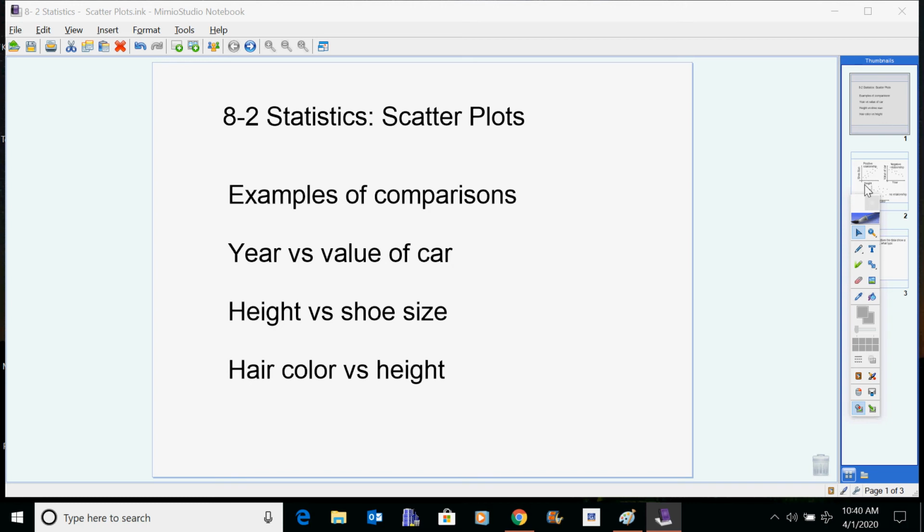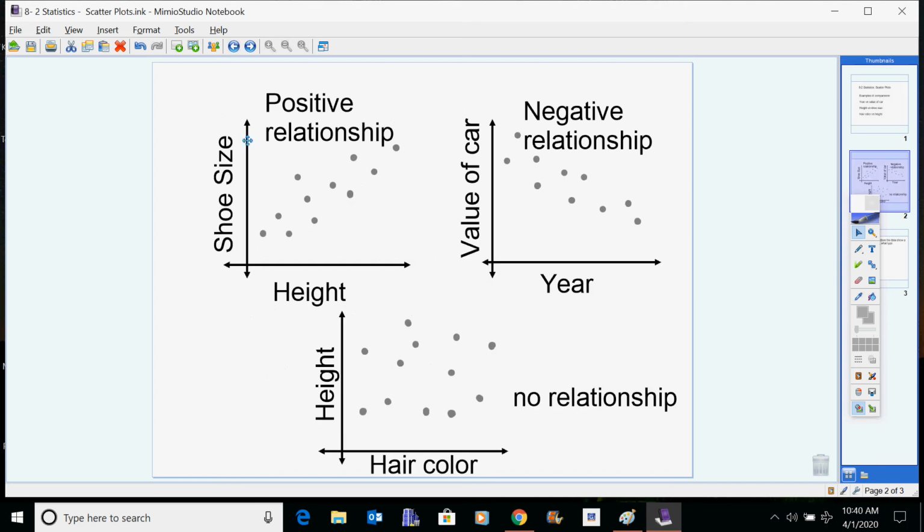We're talking about scatter plots today, so what you would see is some dots, and you would take the graph and the labels and figure out what kind of a relationship those things would have. So here are those three scenarios that I talked about. As someone gets taller, for the most part, you see that the shoe size would go up.